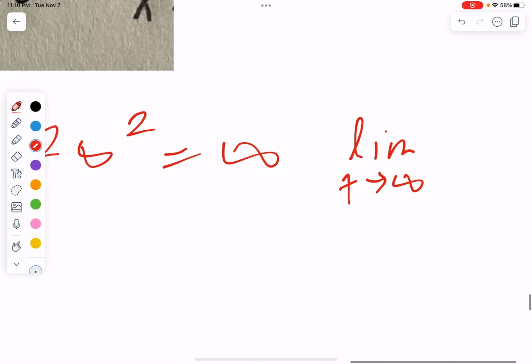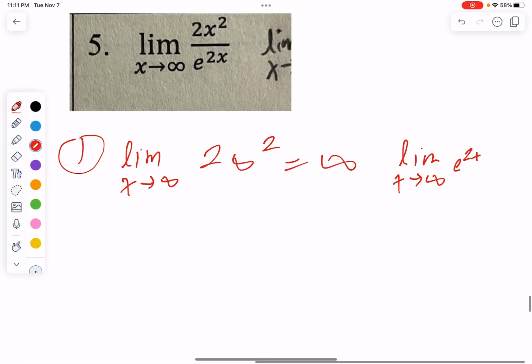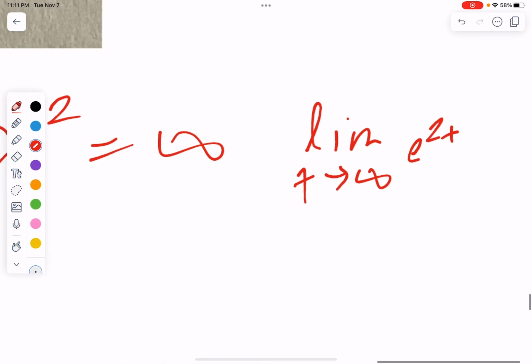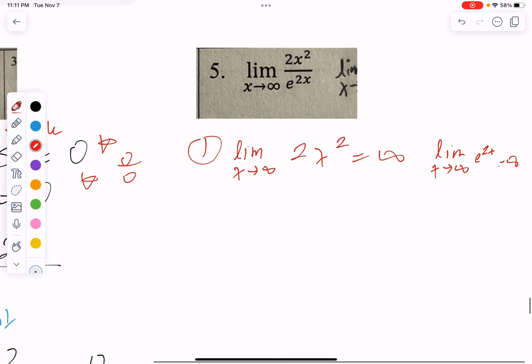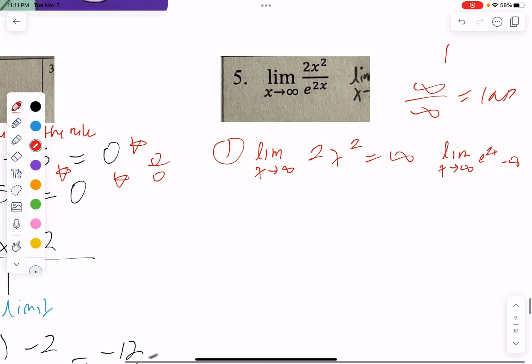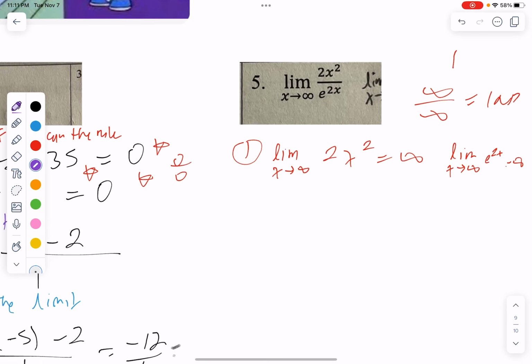And the limit as x approaches infinity of e to the x. I apologize, this needs to be an x. E to the x equals also infinity. And infinity over infinity, again, is indeterminate. We got ourselves a winner, so we can use L'Hopital's now.